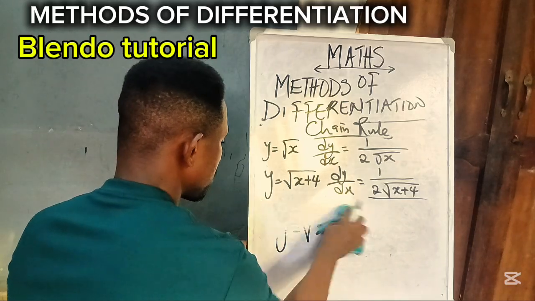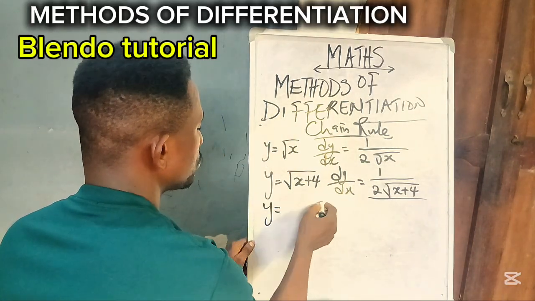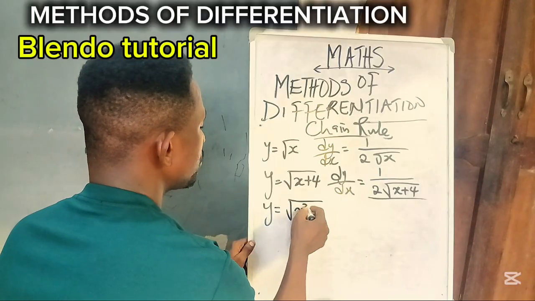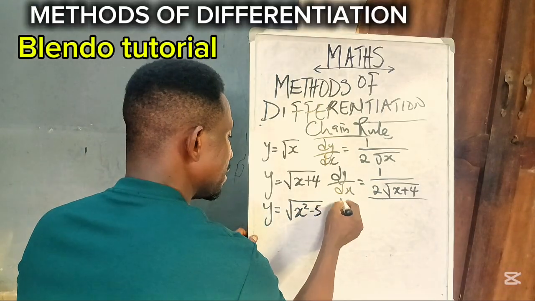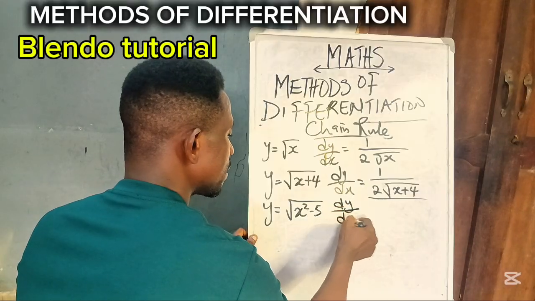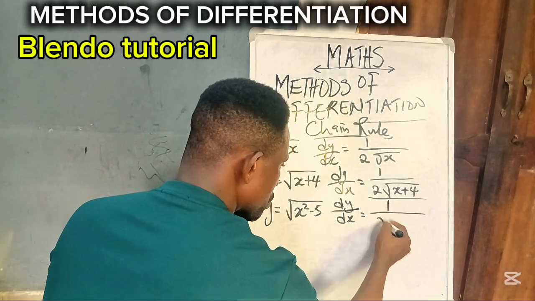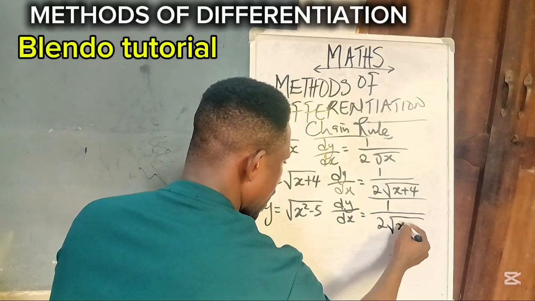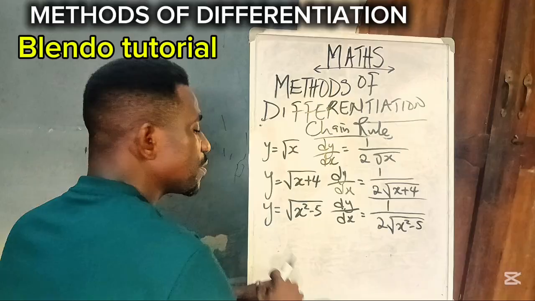However, you can have a function like y is equal to square root of x squared minus 5. The answer is dy/dx is equal to 1 over 2 root of x squared minus 5. Now, this is a composite function as well.